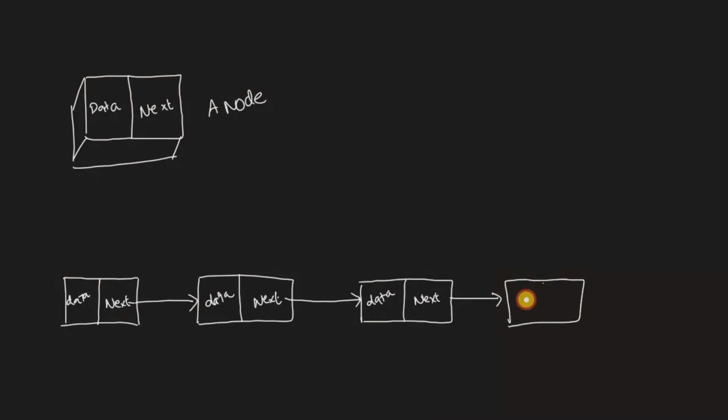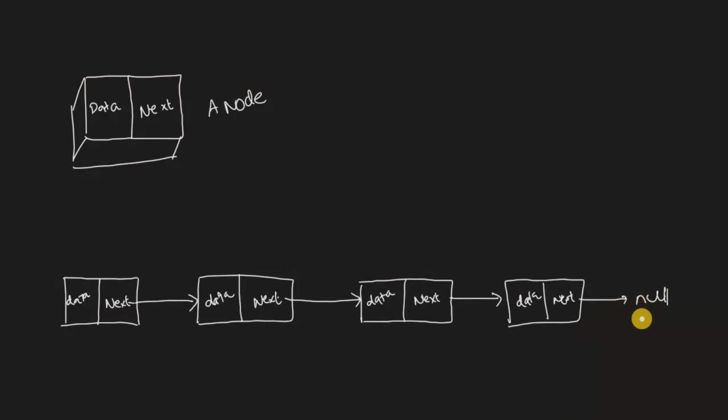Similarly, it's going to continue like this until the end of the list. And how do we know that it's the end of the list? When the next field points to null. Every time the next field points to null, we know that this is the end of the list.